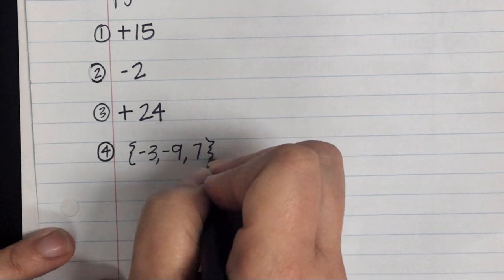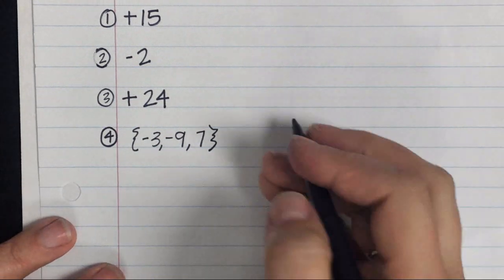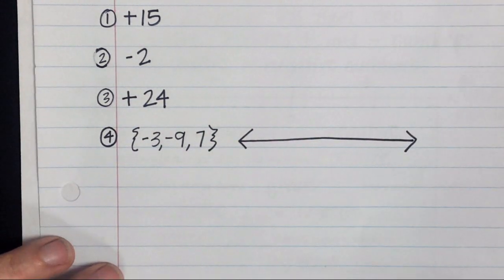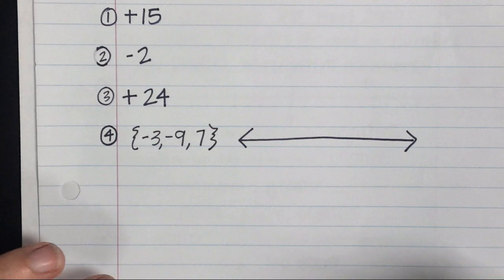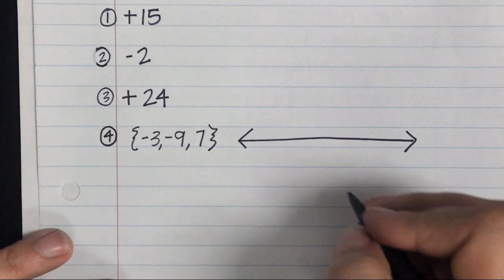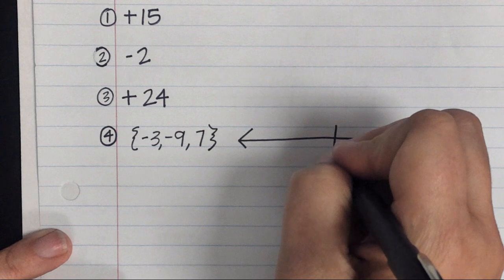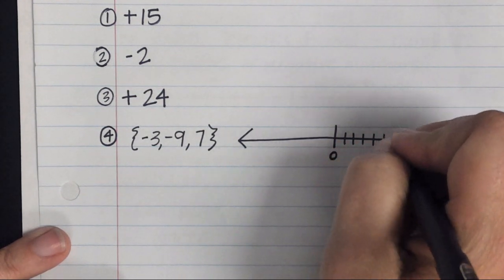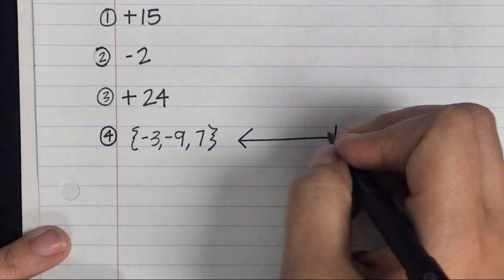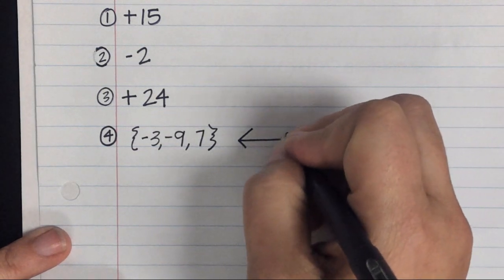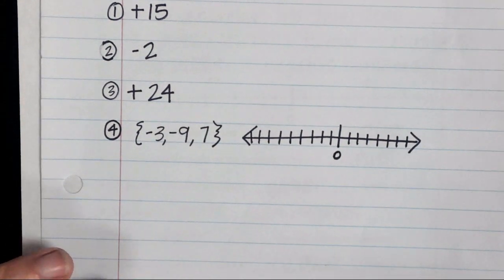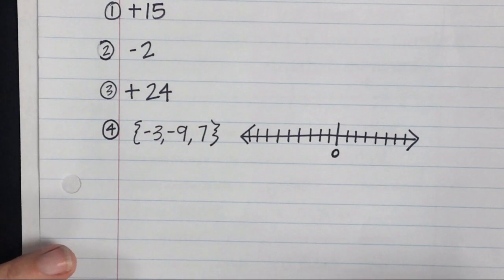Okay. All right. Now, looking at this set of numbers, first thing we're going to do is start off with our number line. What goes in the middle? 0. Okay? And we're going to go 1, 2, 3, 4, 5, 6, 7, 1, 2, 3, 4, 5, 6, 7, 8, 9. Which is the least value here?